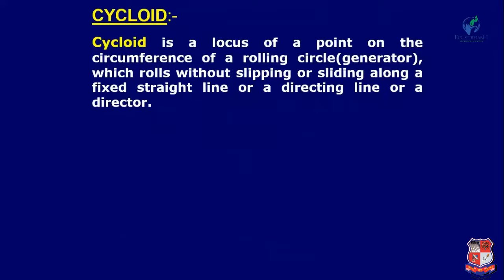Now, first one is the cycloid. What is the cycloid? The cycloid is a locus of a point on the circumference of a rolling circle, known as the generator, which rolls without slipping or sliding along a fixed straight line, called a directing line or a director.